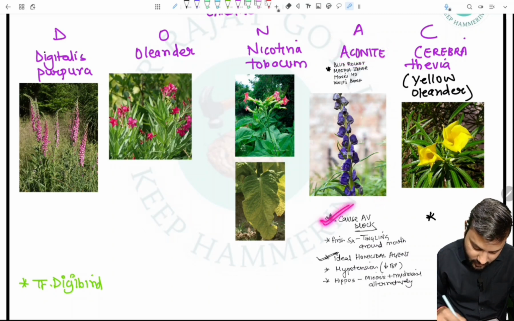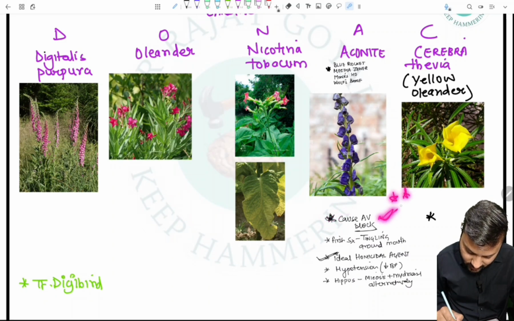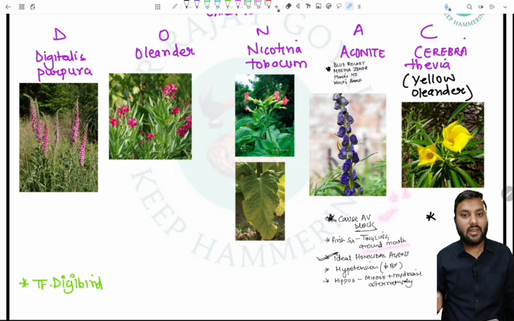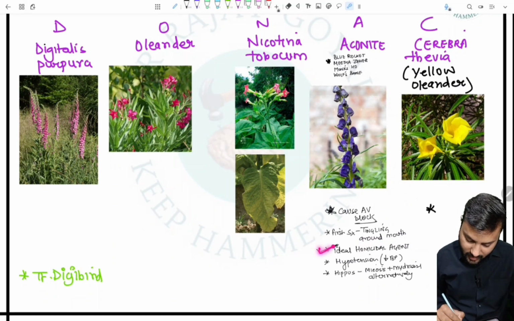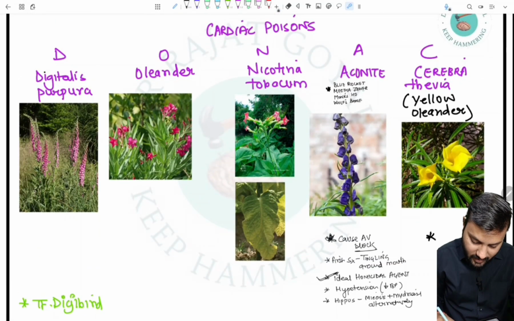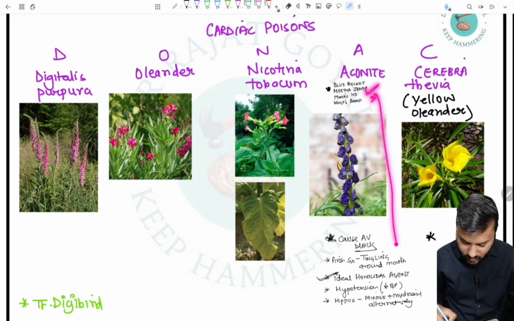And it is a cardiac toxin, so it will cause AV block. And the first symptom is tingling around the mouth. So there is tingling around the mouth in the case of aconite poisoning, and it is used as an ideal homicidal agent, and it is also called the metal hair.